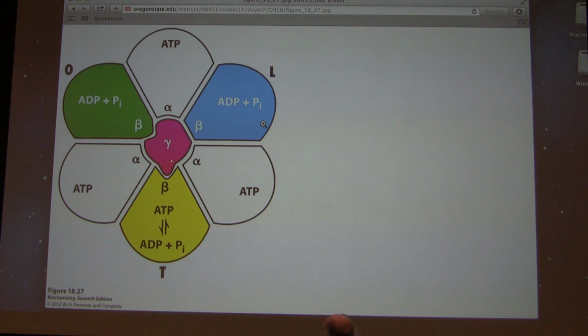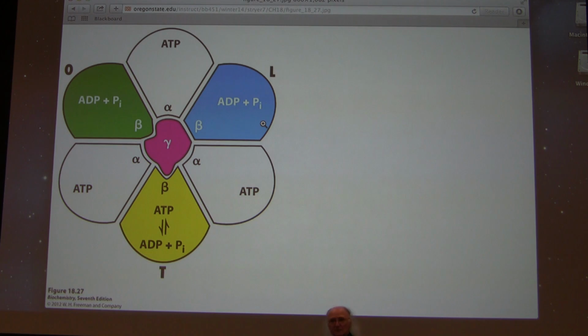So when this guy spins, what's going to happen? The X-dented pointer is going to point over here. What's L going to become? L will become T, right? And that's really good because we've got an ADP and a Pi sitting there waiting for it. And what's it going to do? It's going to make ATP, right? Now, this flat thing is going to spin this direction.